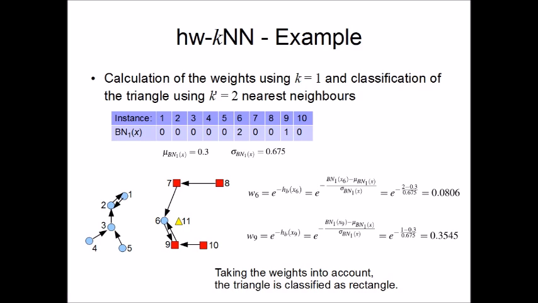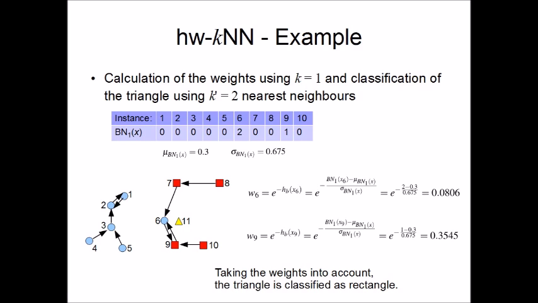In particular, in this case, the normalized bad Hwknn score of instance number 6 is (2 - 0.3) divided by 0.675. So, e is raised to the power of this negative normalized bad Hwknn score, and then we get the weight of instance number 6, which is, in this example, 0.0806.